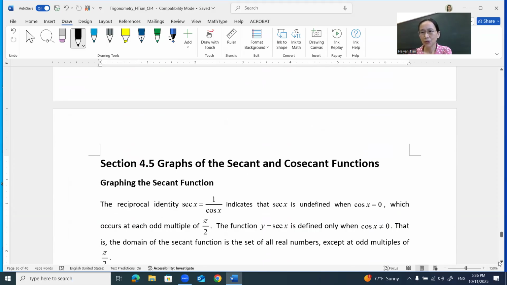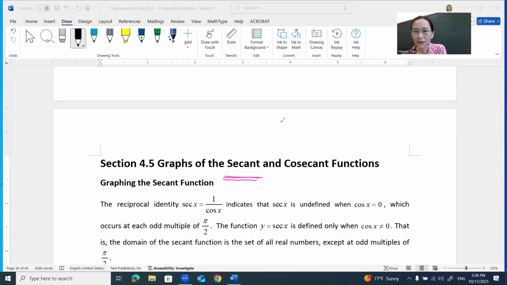That is, based on which function you're looking at, suppose you eventually want to get a graph of secant, then try to sketch the graph of cosine.